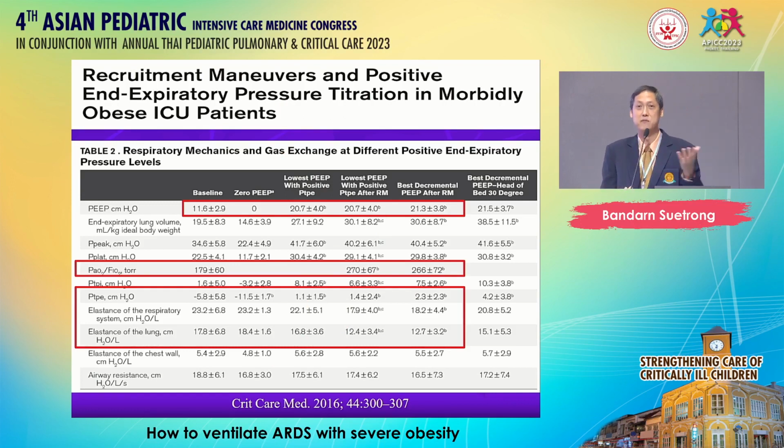So if your hospital does not have esophageal pressure monitoring or EIT, you can use a recruitment maneuver with decremental PEEP titration. It's a good alternative option as well.